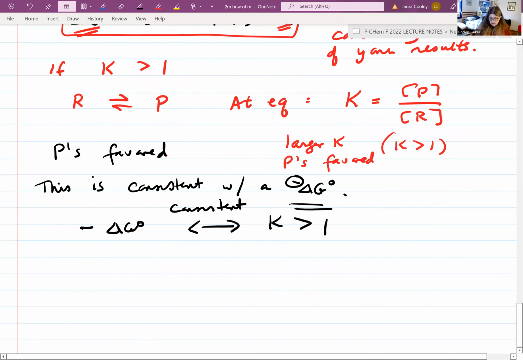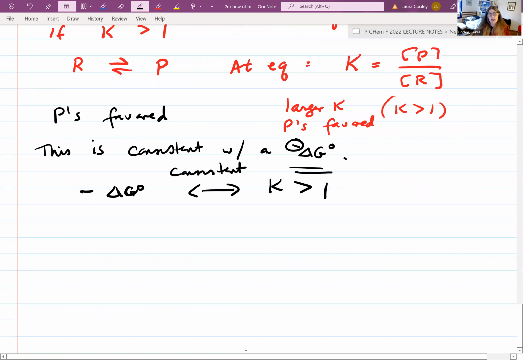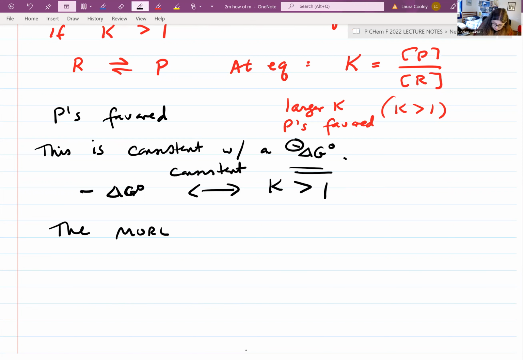Of course, you could have K values that are 1.01, and you can have a K value that's 10,000, okay? The more greater than 1 K is, the more negative delta G zero is.